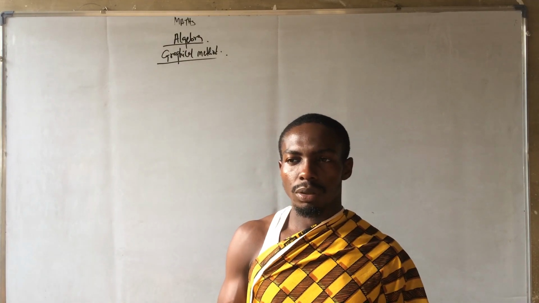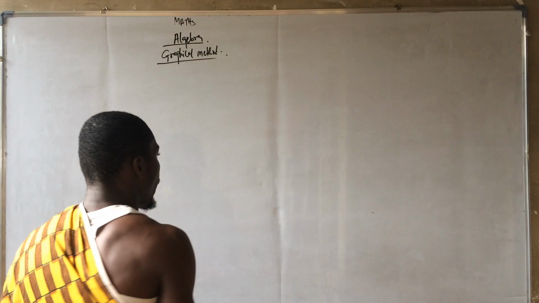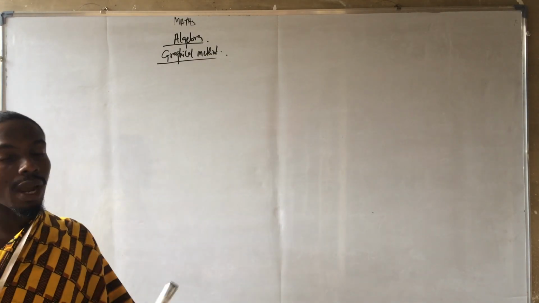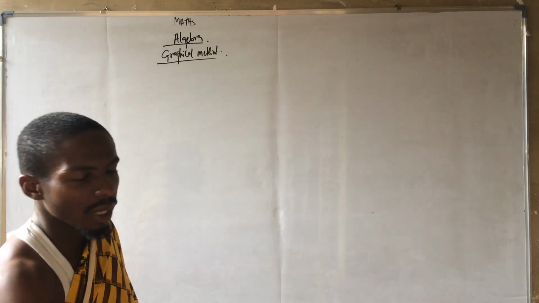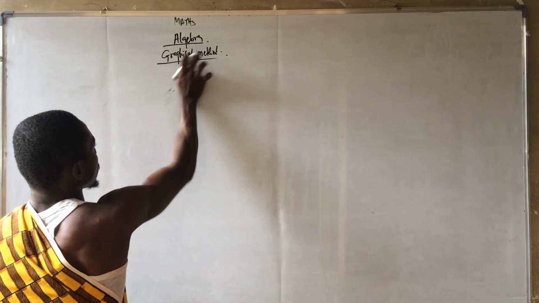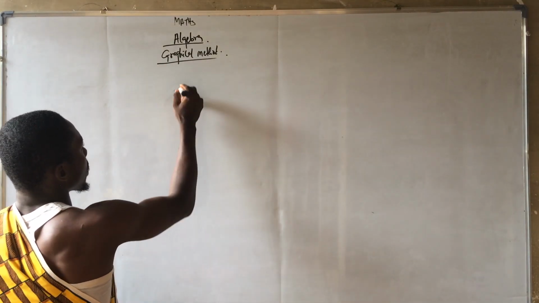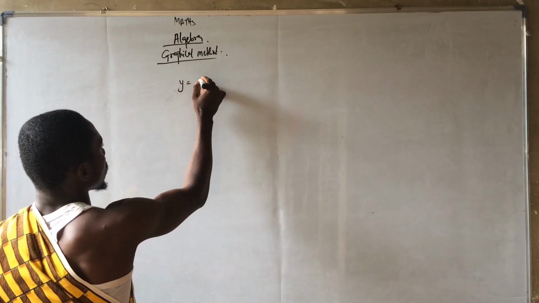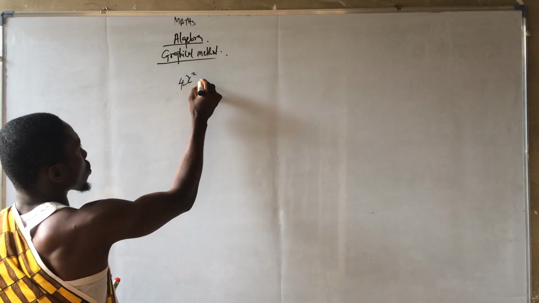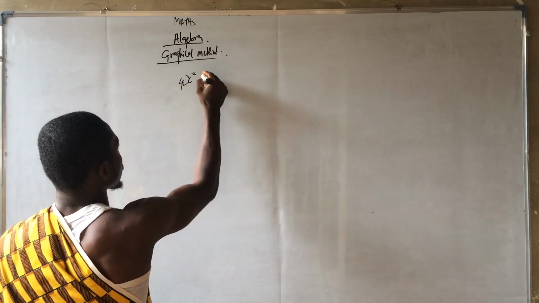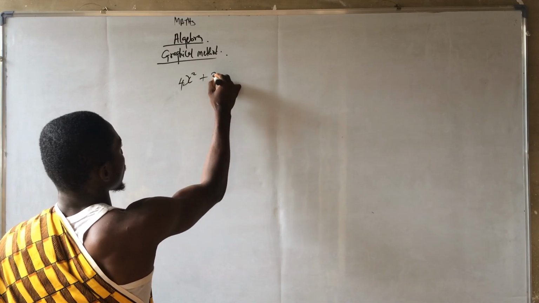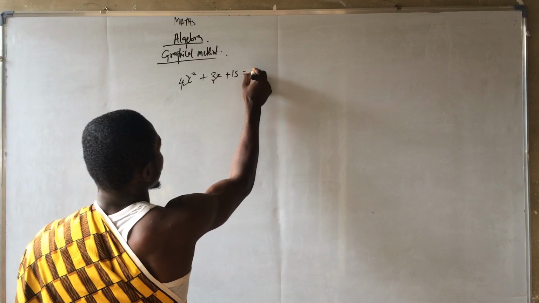And I want you to know this about the graphical method. It's pretty easy, it's simple. The reason why I say it's simple is whenever you're given any quadratic equation to solve using the graphical method, let's say for example, y is equal to 4x² + 3x + 15.